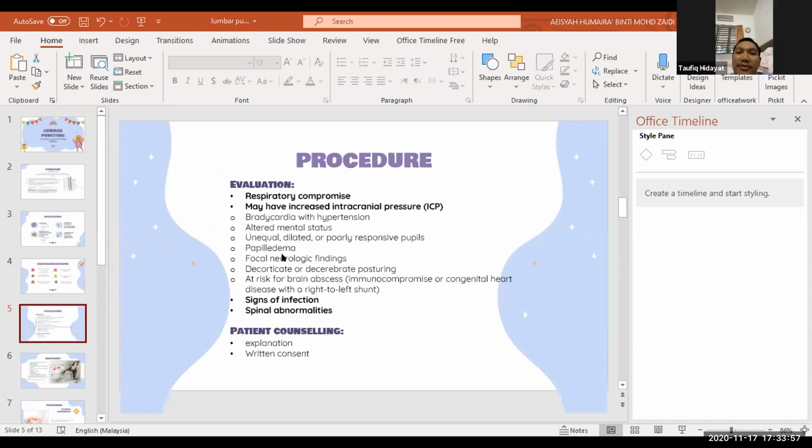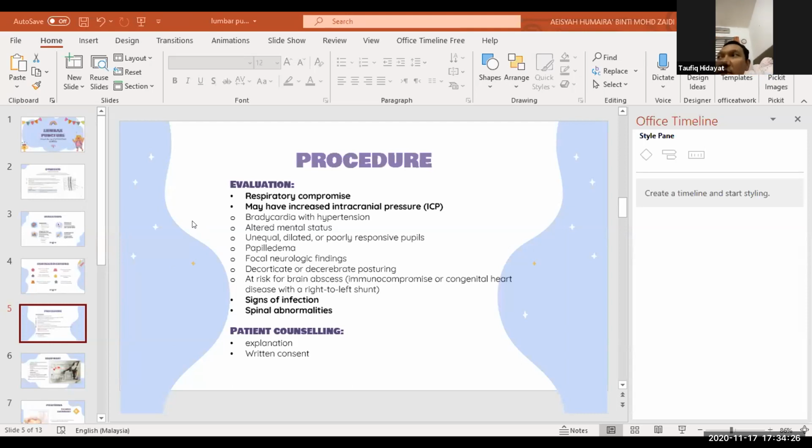The easiest is papilledema using fundoscopy. If you are not good at the fundoscope, you will learn it during your ophthalmology posting. Fundoscopy is also not really early, because with very high ICP, papilledema develops maybe later, after a few days. Sometimes even though there is no papilledema, there is still very high ICP.